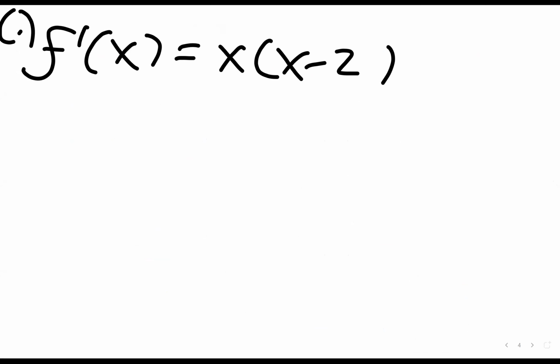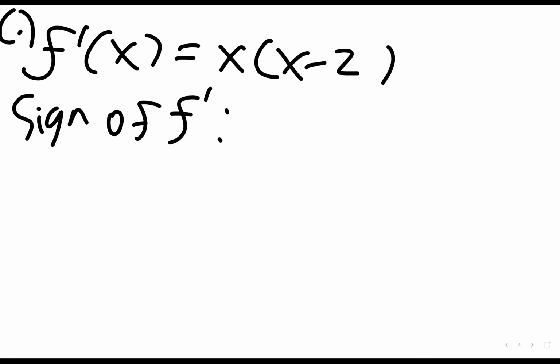The answer is to check the sign of f prime on the real line. From this expression, the derivative is 0 when x equals 0 and x equals 2. So on the real line, we have 3 parts: minus infinity to 0, 0 to 2, and 2 to infinity.